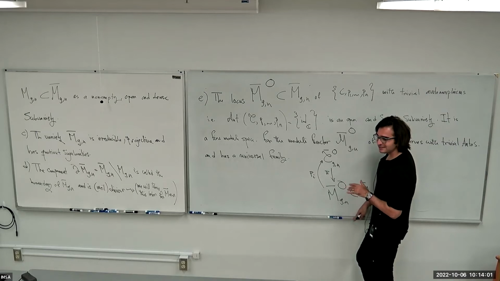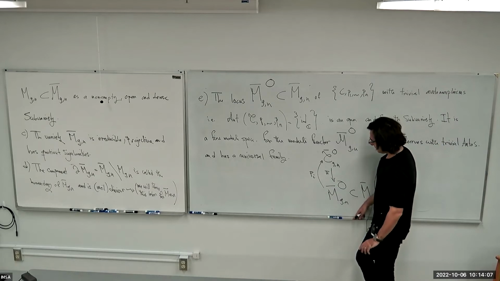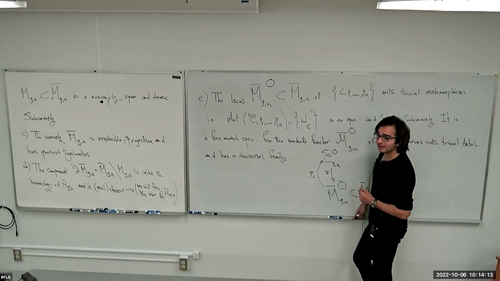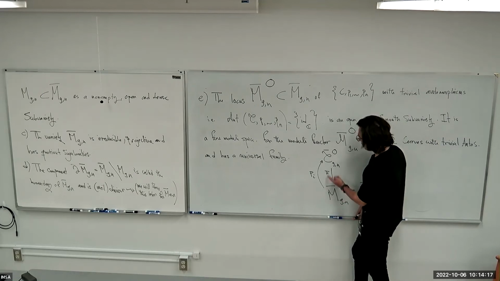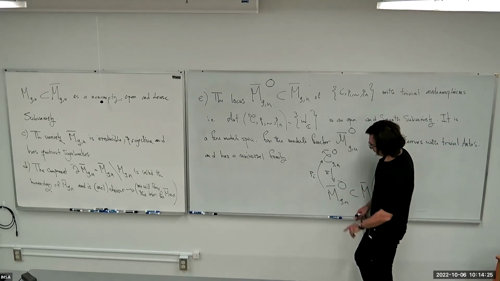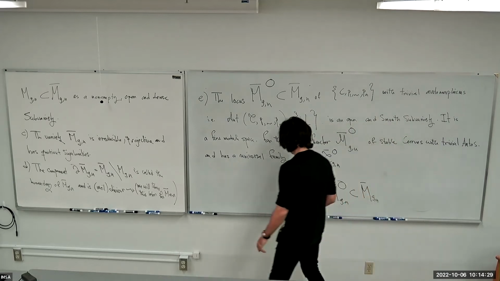The universal family is constructed over the moduli space. Again, you can look at the fiber-wise description of it. If I pick a point in this space, the fiber of the universal family over that point is a genus g curve with n markings with no automorphisms. If I look at a line in here, this is some space.